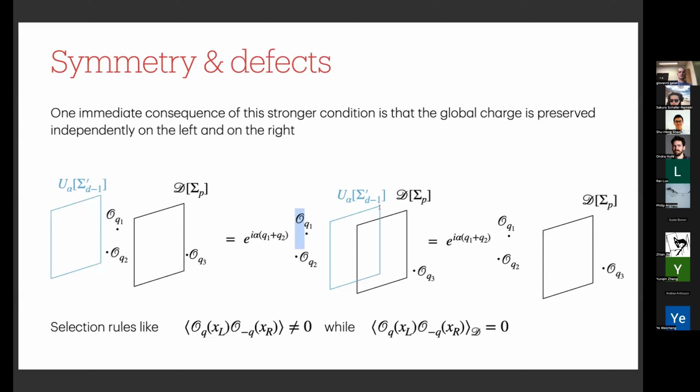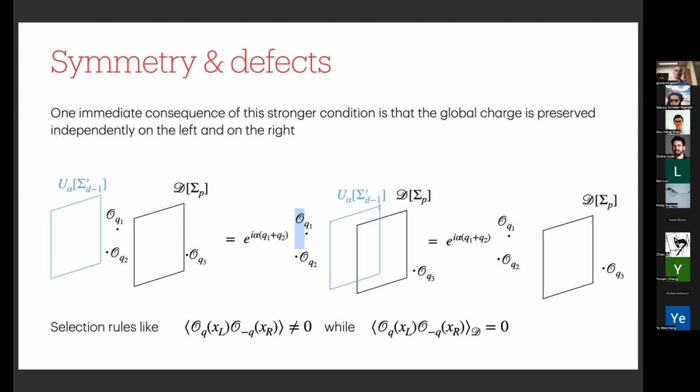So for example, in the case of zero-form symmetries, the topological operator is codimension 1. So we need that, at least geometrically, the topological operator can end on the defect just by dimensionality. And you can check that if the topological operator has dimension d minus 1, then the only possibility is that the defect also has dimension d minus 1.